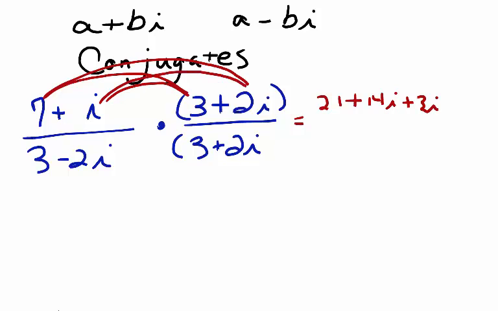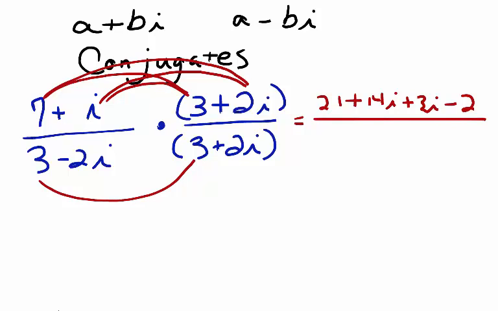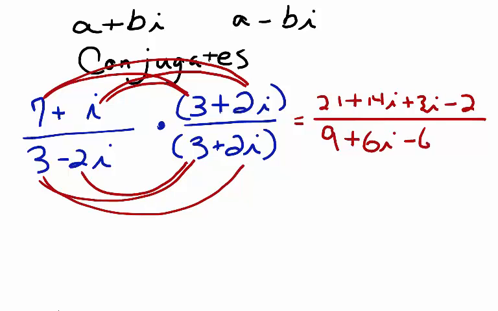And i times 2i equals 2i squared, which is 2 times negative 1, or negative 2, divided by 3 times 3 equals 9, 3 times 2i equals 6i, negative 2i times 3 equals negative 6i, and negative 2i times 2i equals negative 4i squared, which is the same as saying negative 4 times negative 1, which is positive 4.